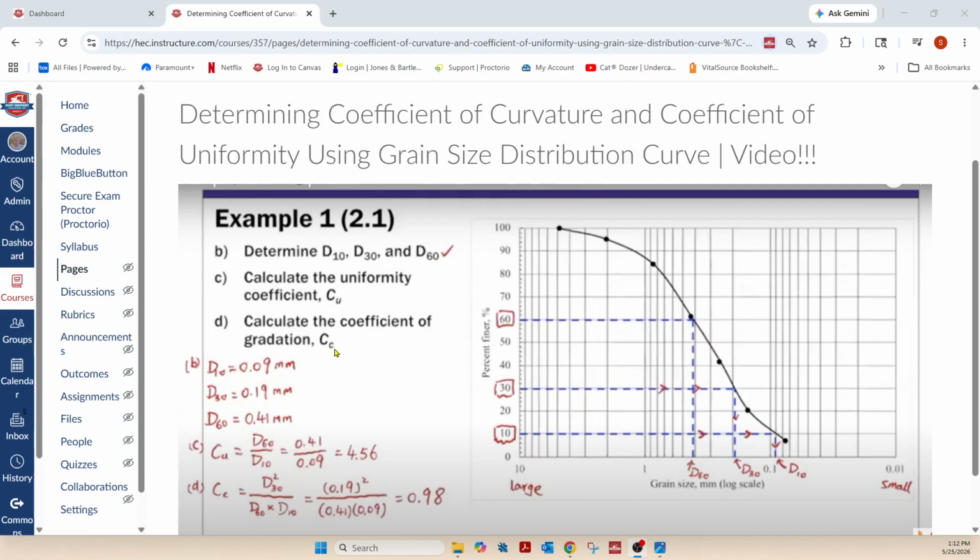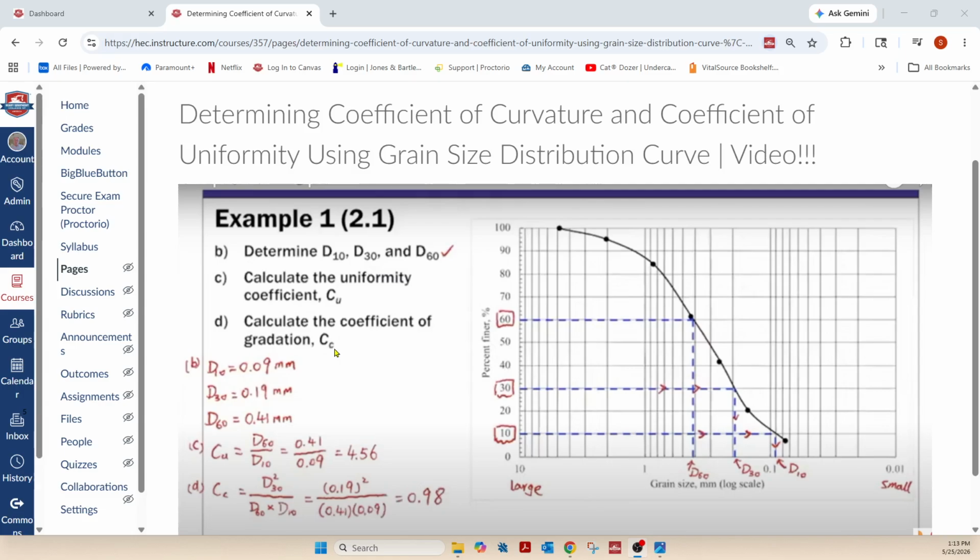It is obtained by plotting column 2, the sieve opening in millimeters, versus column 6, the percentage passing, on the semi-log paper.